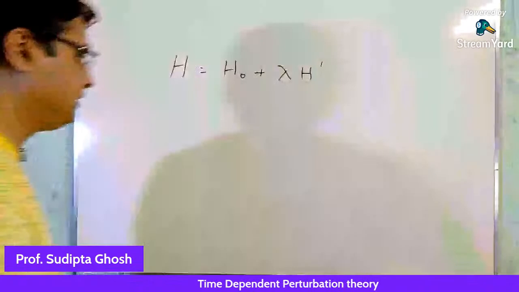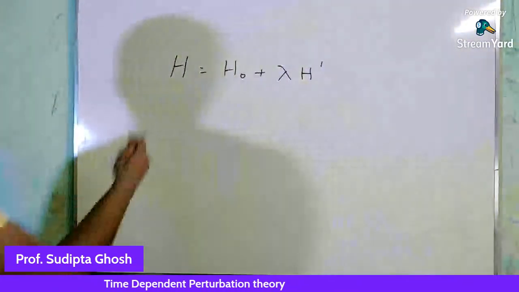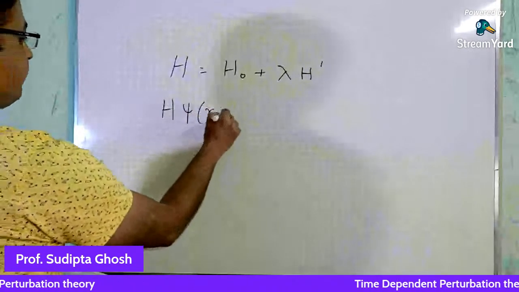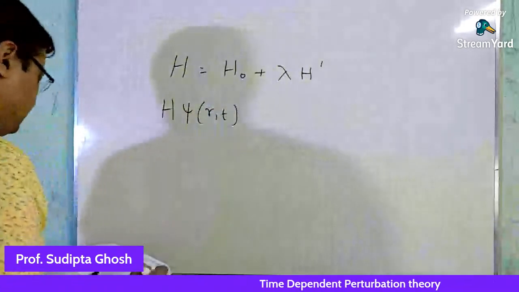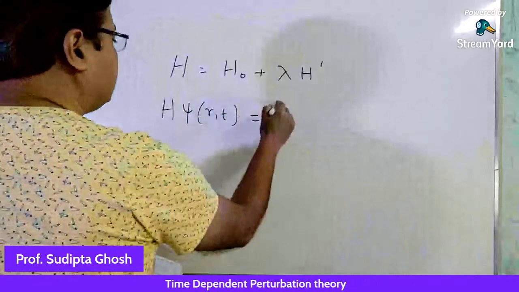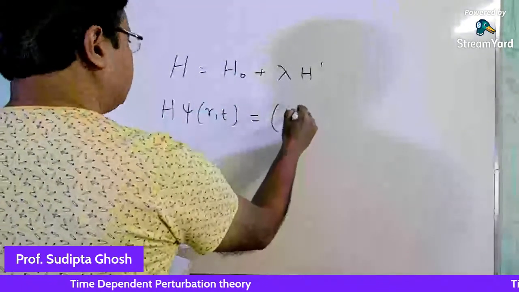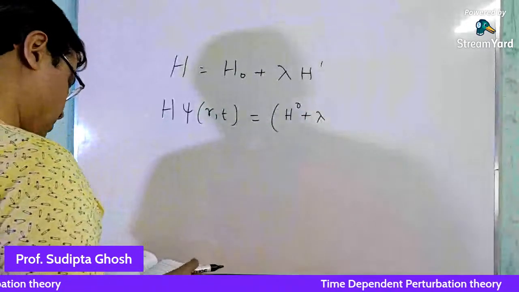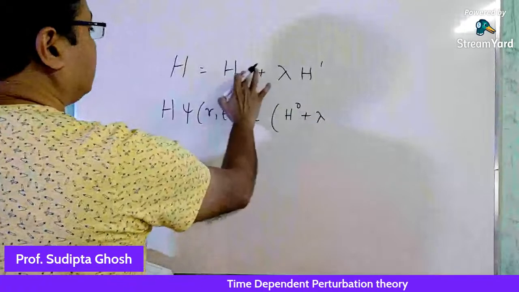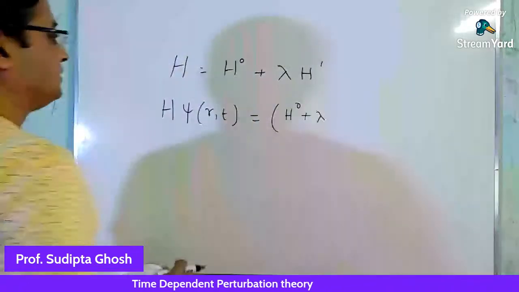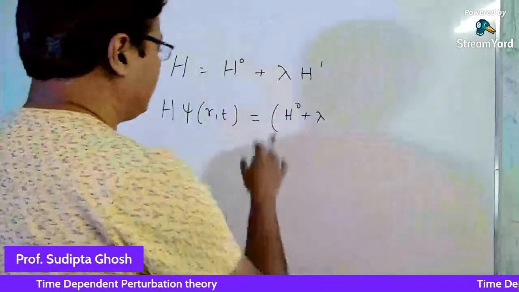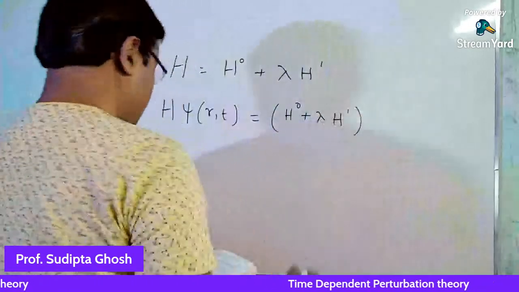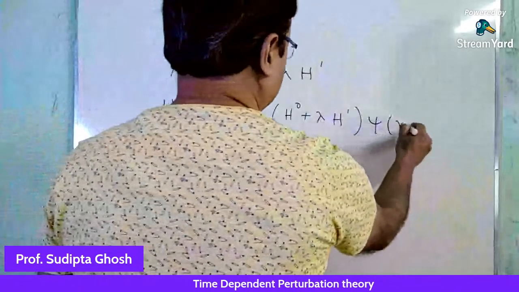And we can write that H psi, which is obviously a function of r and t, equals, the Hamiltonian becomes H0 plus lambda H prime, acting on psi(r,t).